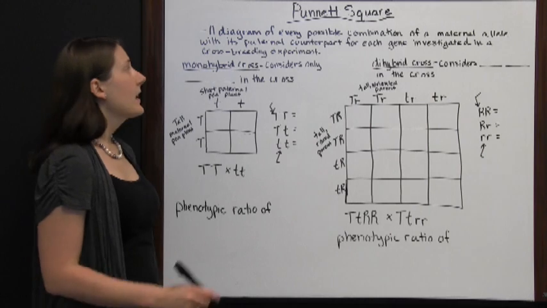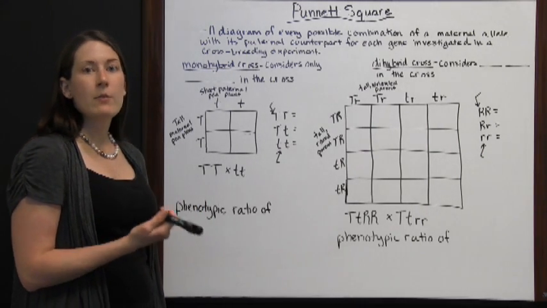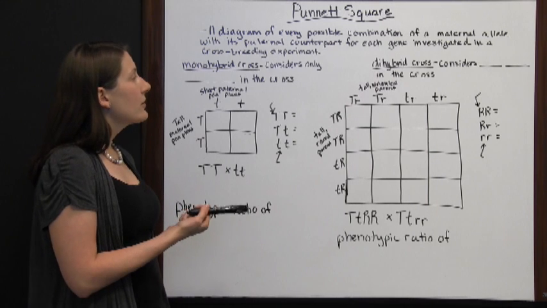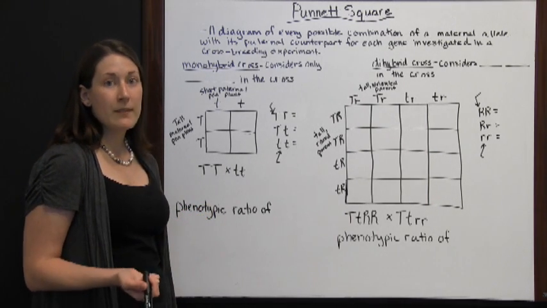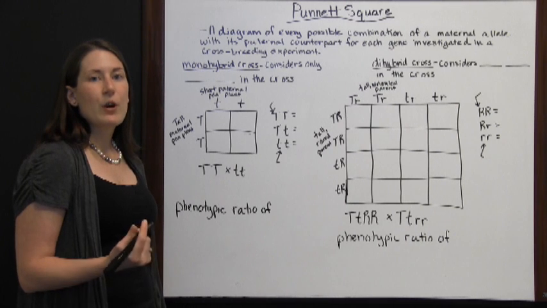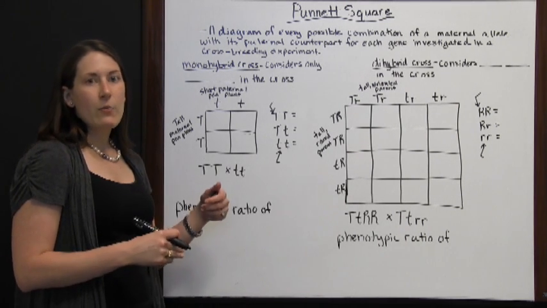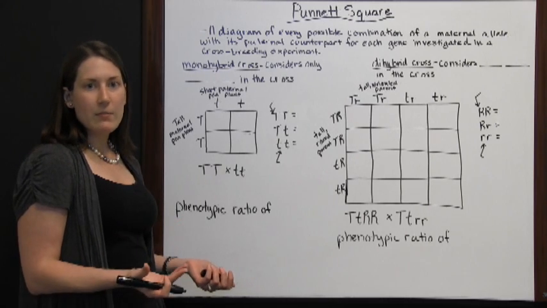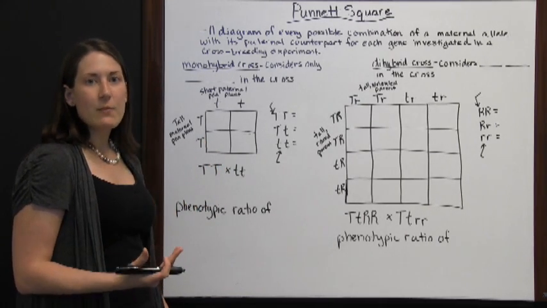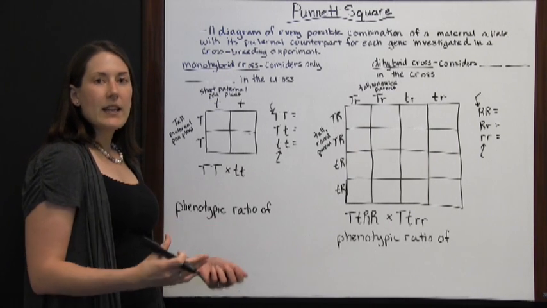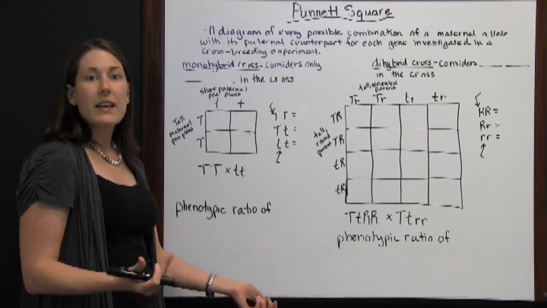Punnett Square. A Punnett Square is a diagram of every possible combination of a maternal allele with its paternal counterpart for each gene investigated in a crossbreeding experiment. So that means if you were going to try to crossbreed two plants, say one that had red blooms and one that had white blooms, you could do a Punnett Square to predict how many different plants would come out red and how many would come out white and how many might come out pink.